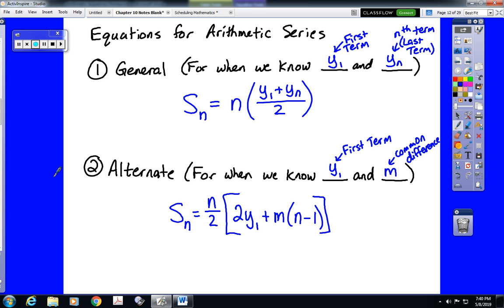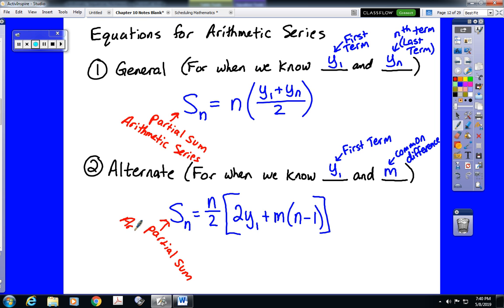But again, all of these different things are variables we should recognize. Okay, our S sub n, that's our partial sum. In this case, this is the arithmetic series. Same thing down here. S sub n is the partial sum.